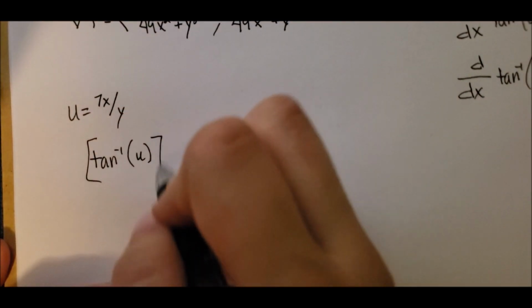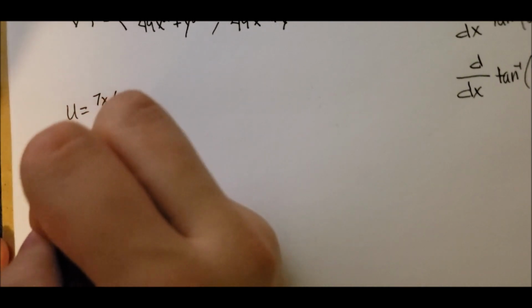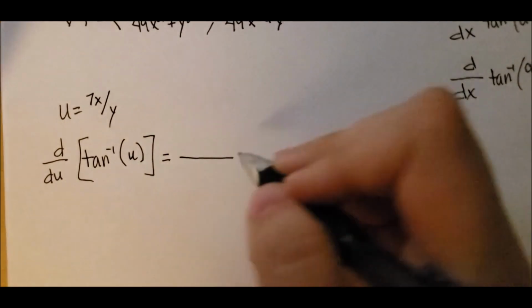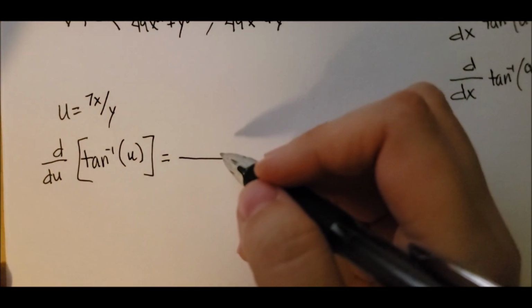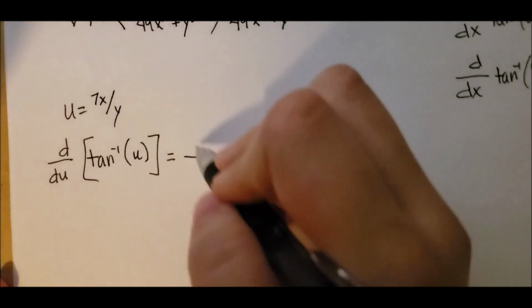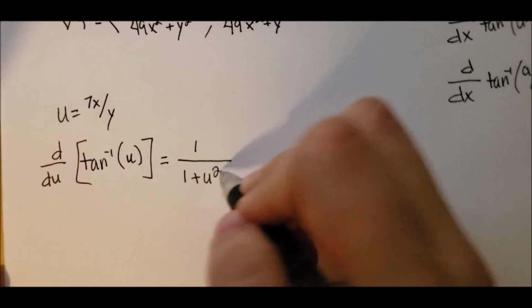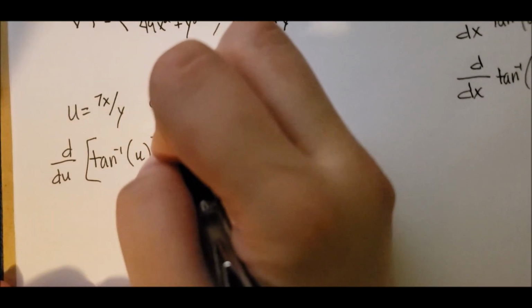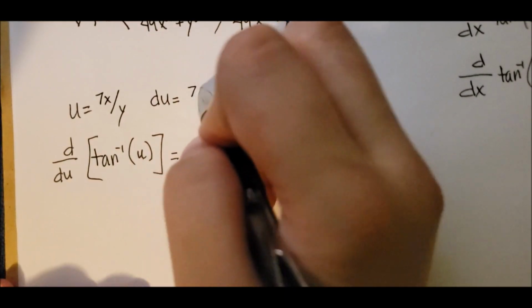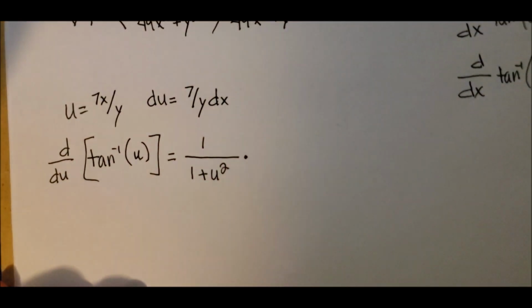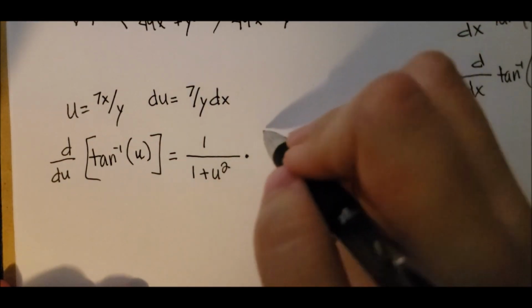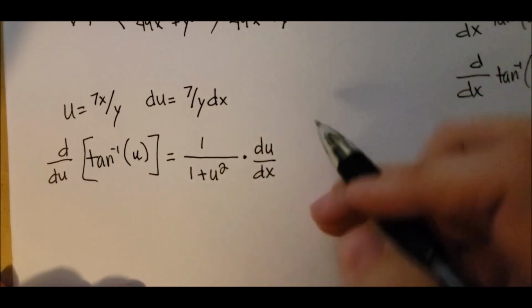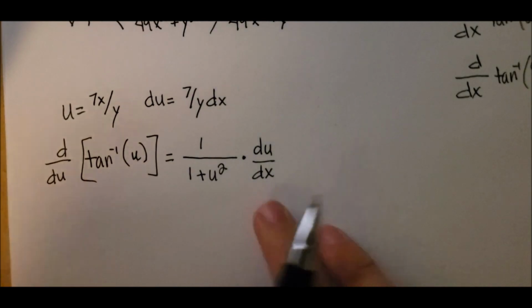So if I take the derivative, I'm going to get 1 over 1 plus u squared, but u is a function of x, so I have to tackle that derivative.